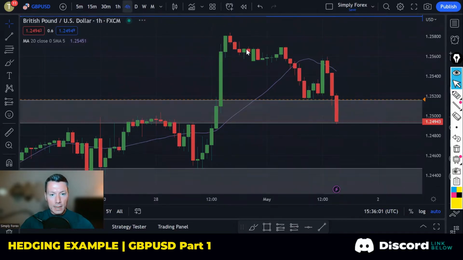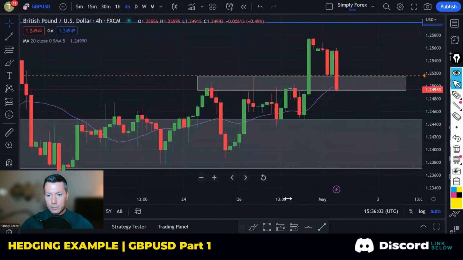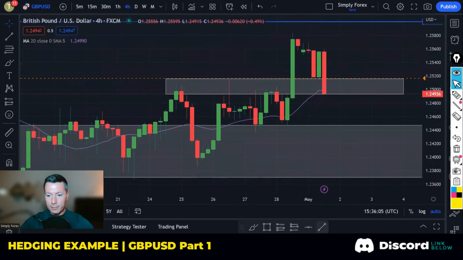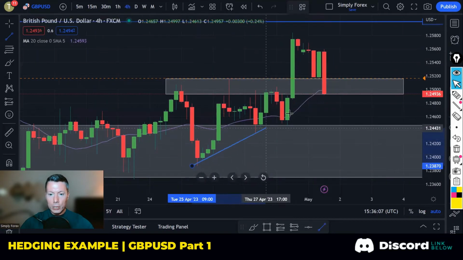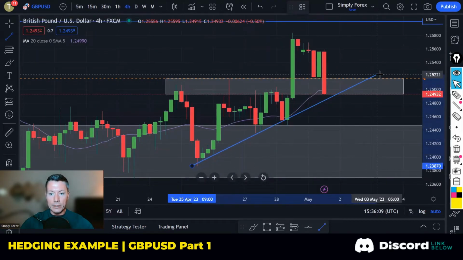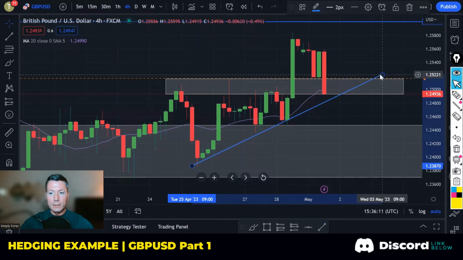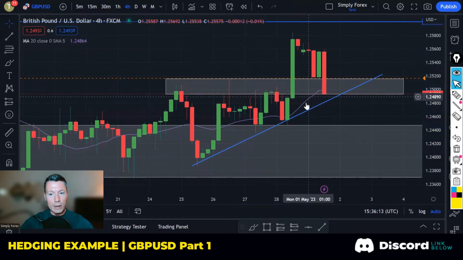If we go back to the H4, there are also some other possibilities. I'm looking at areas where I can potentially exit my hedge. If price came down to here and we got a bit of a reaction, that could be a trade.